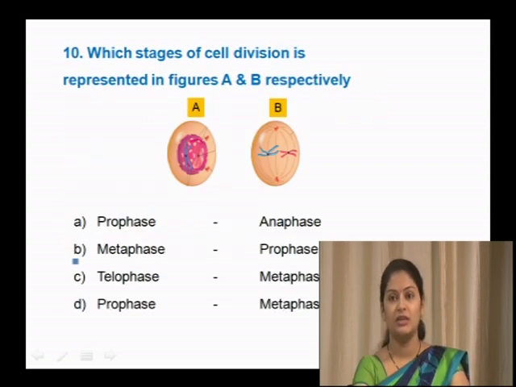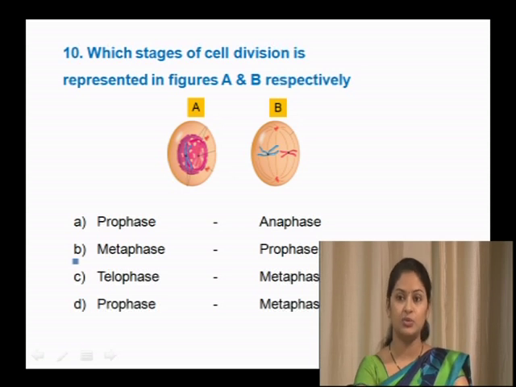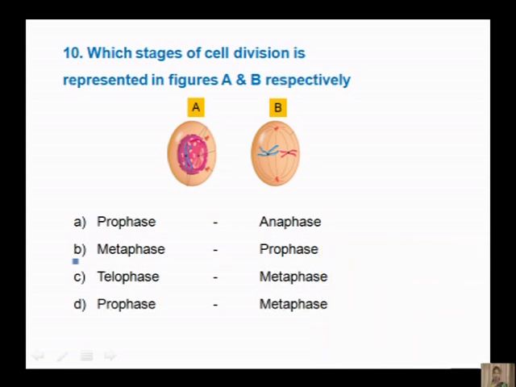Next question. So this question represents the two diagrams and you have to identify those two cells respectively. So what you can observe in the diagram is that the A diagram is having still the nuclear structure and the process of condensation of chromosome has started occurring. Therefore, you can identify it as prophase. Exactly, late prophase stage is indicated.